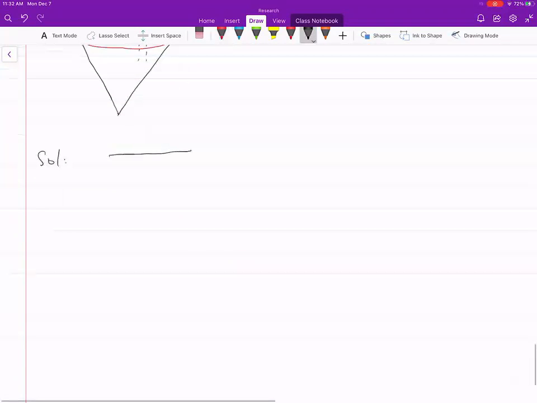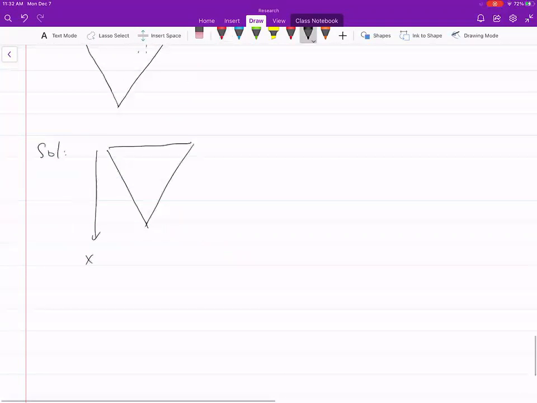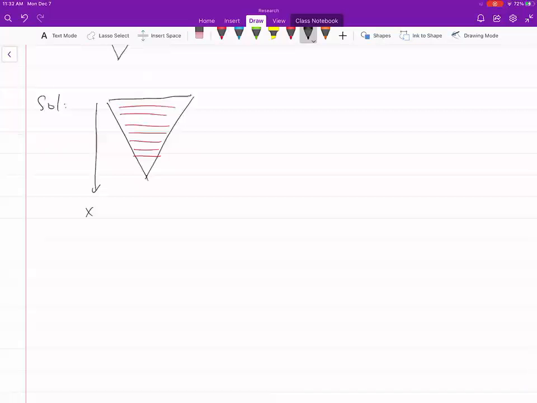I'm going to use triangles this time. I'm going to call this direction X. Now you want to cut them into pieces, and you want to integrate from 2 to 10, because all the water goes up to 2.